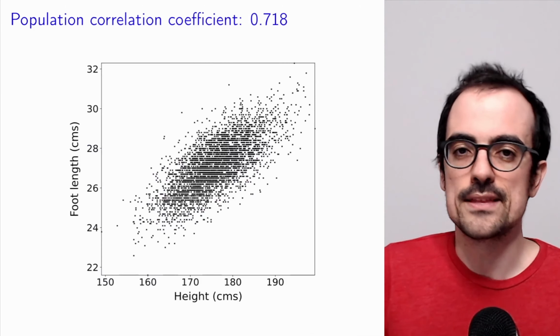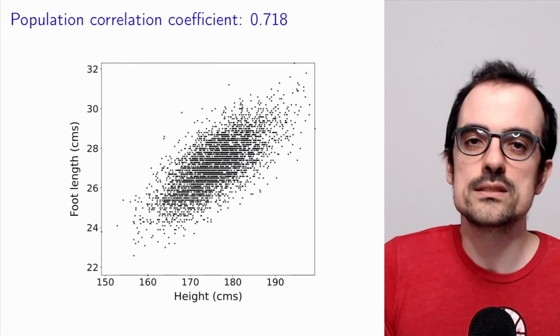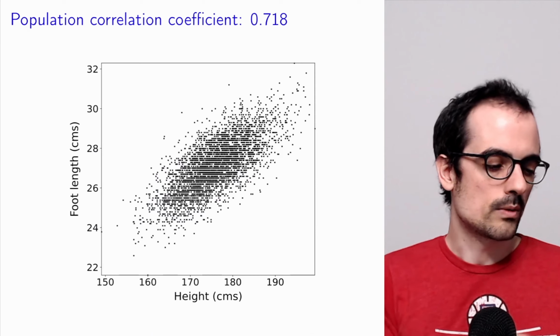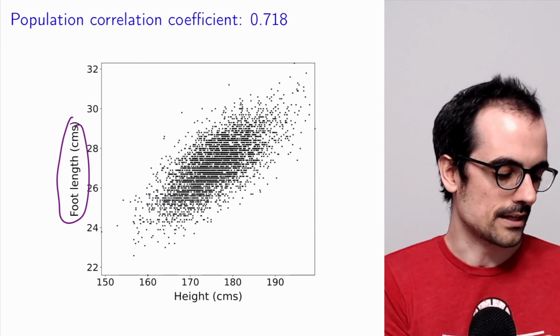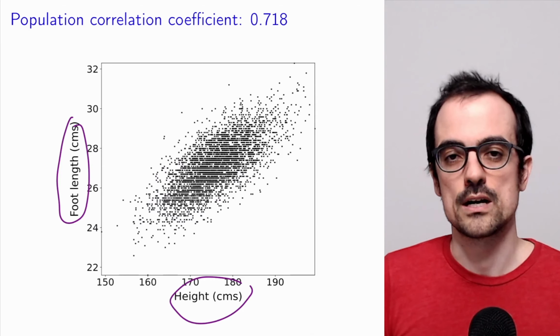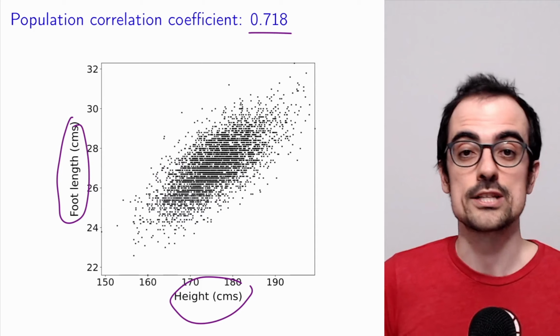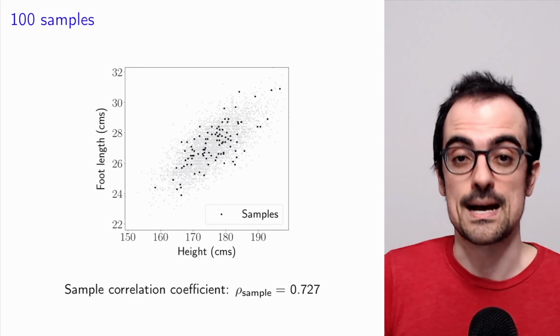So we can apply this to try to build confidence intervals for a quantity where we don't have a formula for its standard error. So here we have a bunch of data points, which are the foot lengths and the associated heights of a group of people. We want to estimate the population correlation coefficient, which is the correlation coefficient over the whole population. But we only have 100 samples.